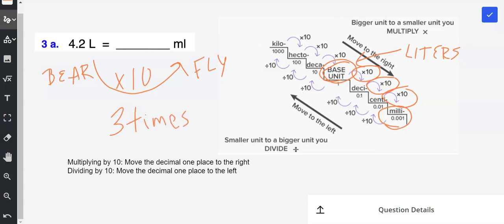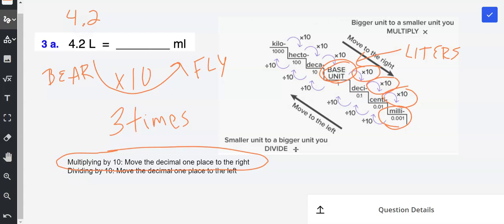If we were multiplying by 10 3 times, that's the same as multiplying by 1,000 because 10 times 10 times 10 is 1,000. The other way to do this is to say, when you multiply by 10, you move the decimal one place to the right. And I think that will be easier here, to use this method where we move the decimal to the right every time you multiply by 10.